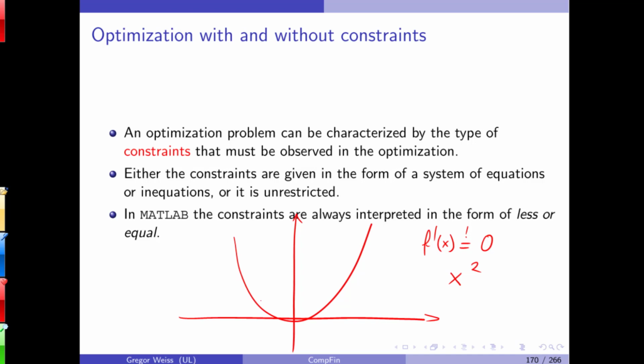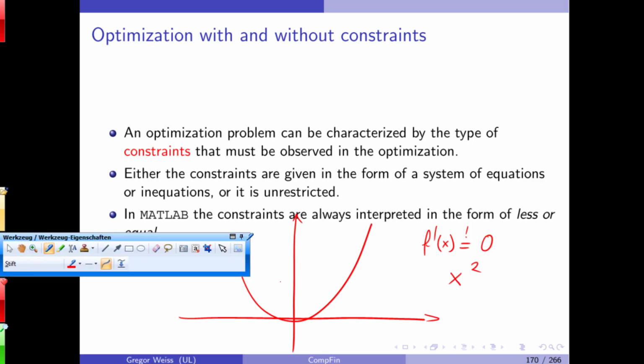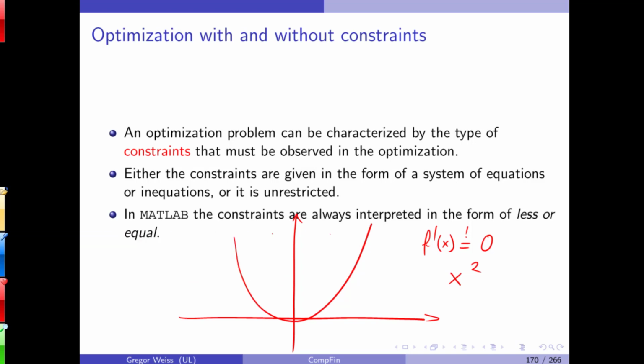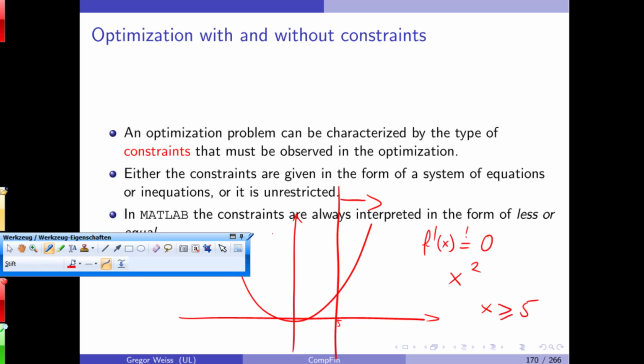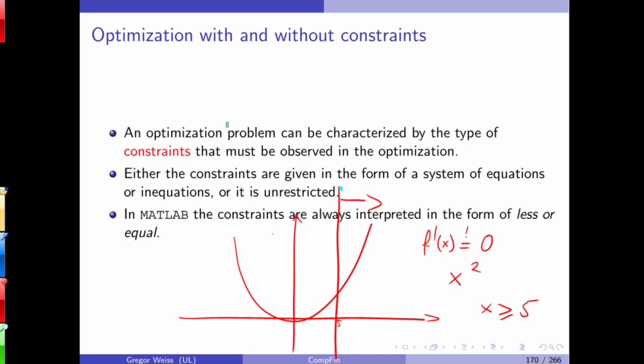What can happen is, if I say, well, I have a constraint saying that x, this is 5, x should be larger than 5. This means that suddenly we only need to check this area here.